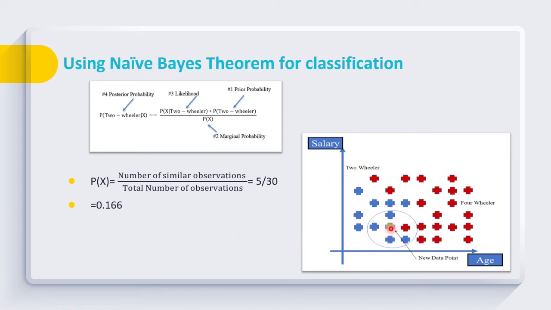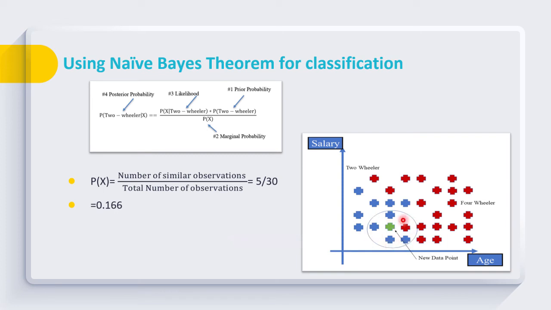As you can see, there are 5 similar observations to this new data point which fall in the area of marginality. So 1, 2, 3, 4, 5. We will not be counting the new data point because for this we have to make predictions. So the labeled data points are 5.